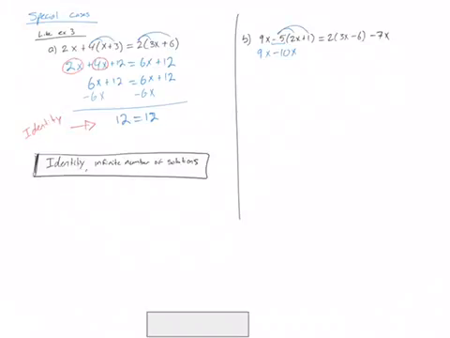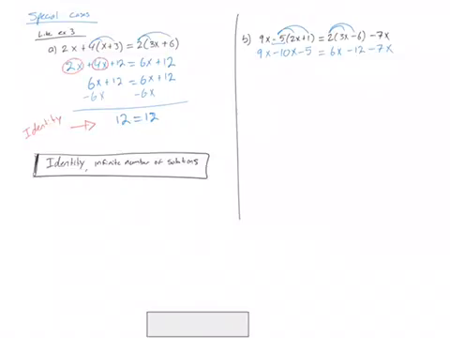Negative 5 times 1 is going to give me minus 5. On the right hand side I have 2 times 3x, which gives me 6x's. And then I have 2 times negative 6, which gives me negative 12. And then I have this negative 7x that's hanging out up there.